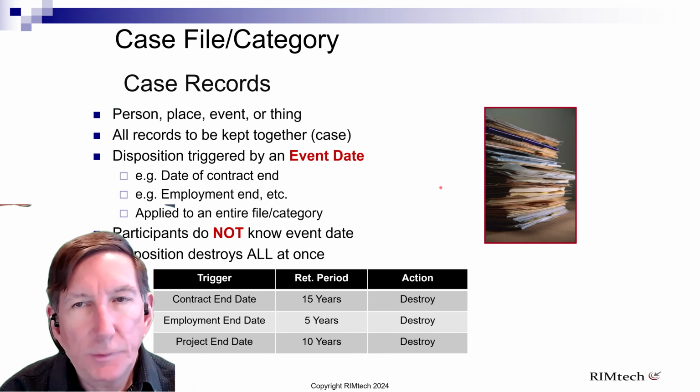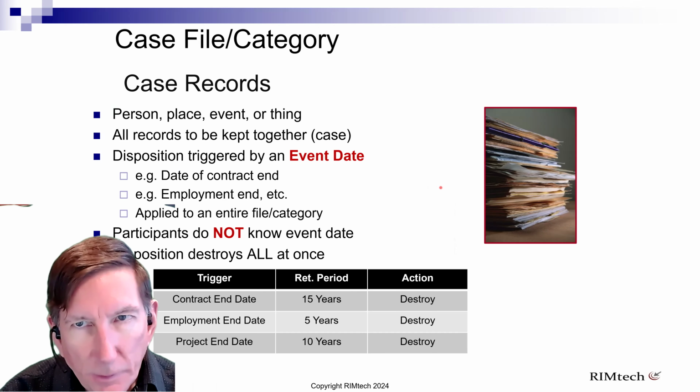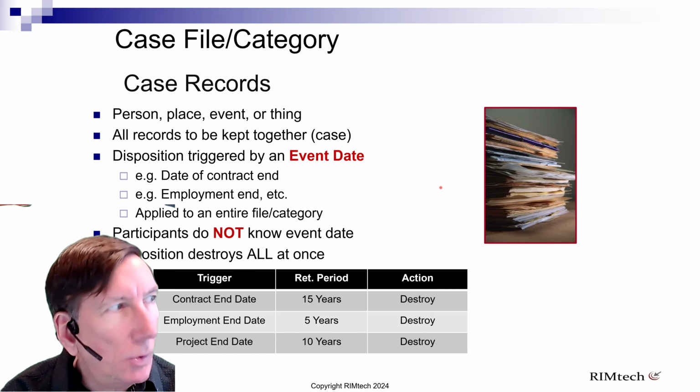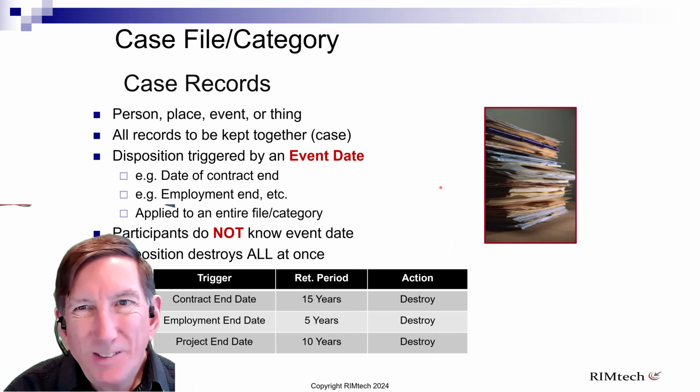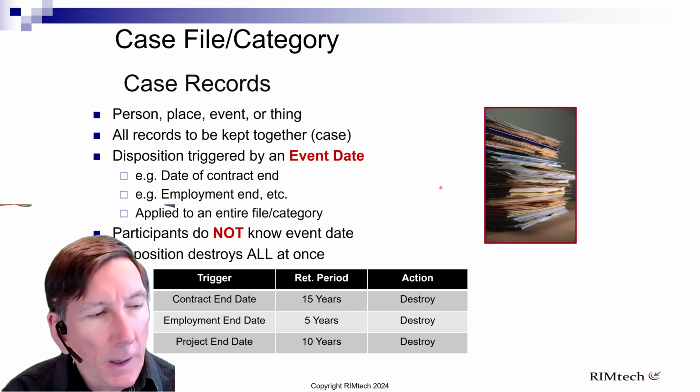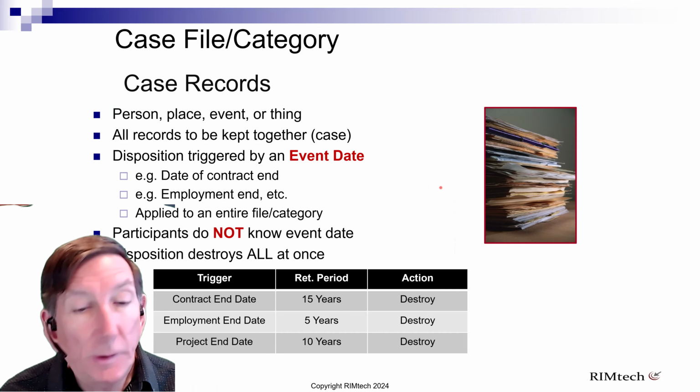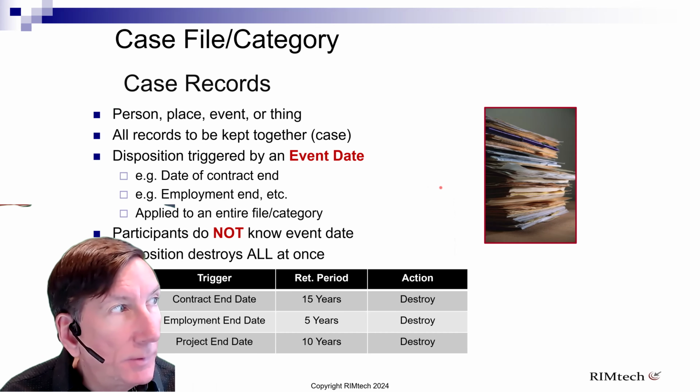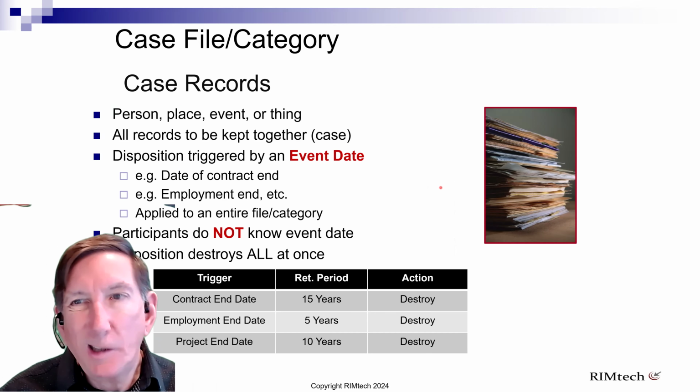What are case records? Case records are records that belong to or are generated by business activities about people, places, events, or things. So the retention schedule, as you know, is just a list of business activities. A business activity I'll refer to as a category.